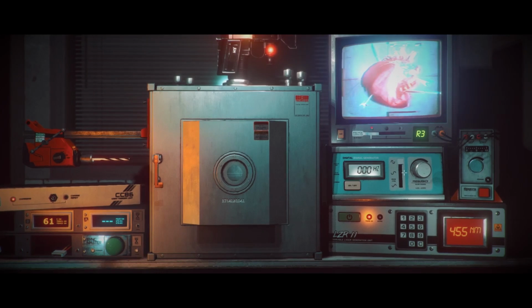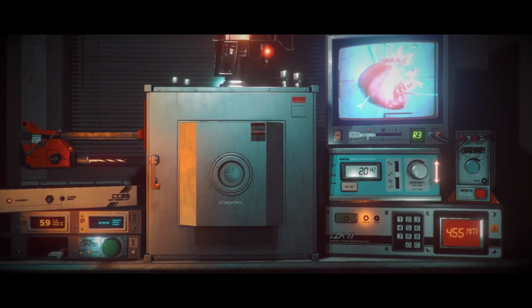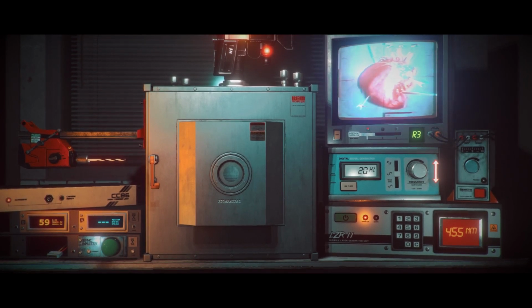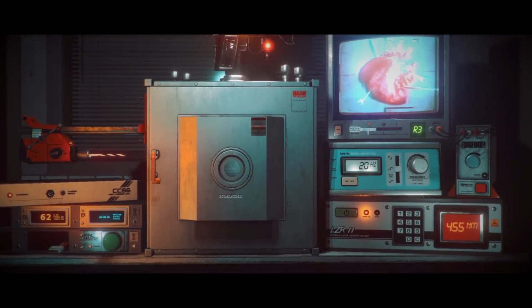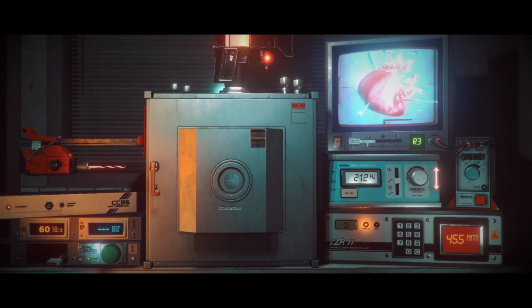Signal generator, sine wave, frequency. So I'm gonna go 250 Hertz.